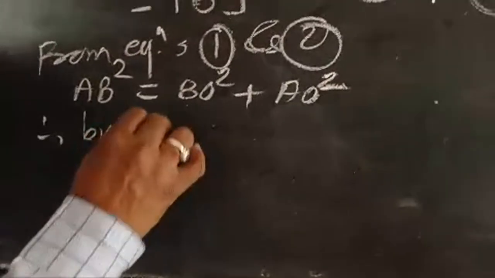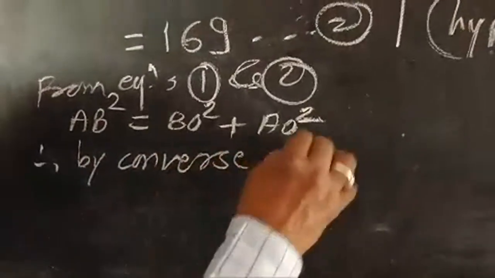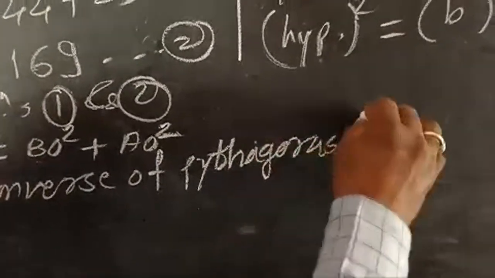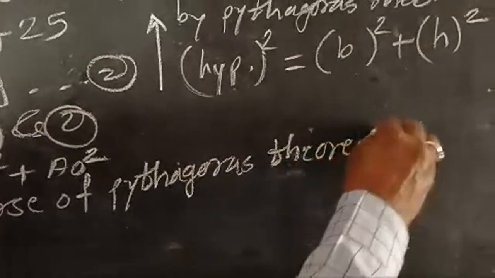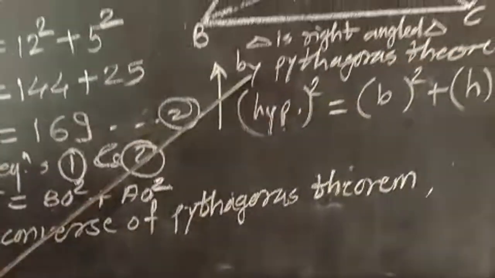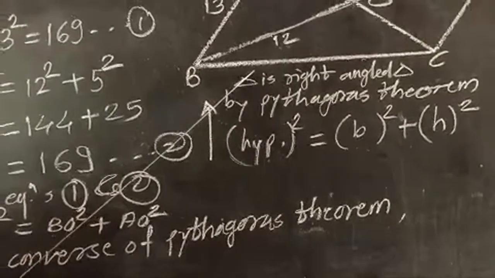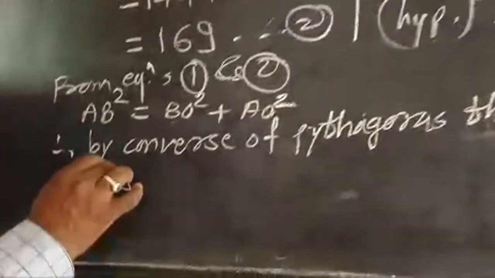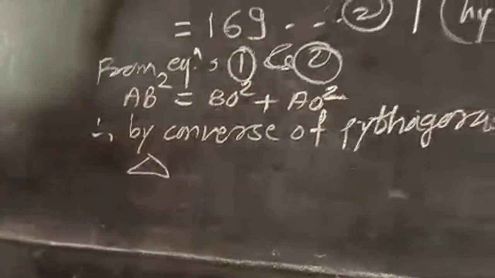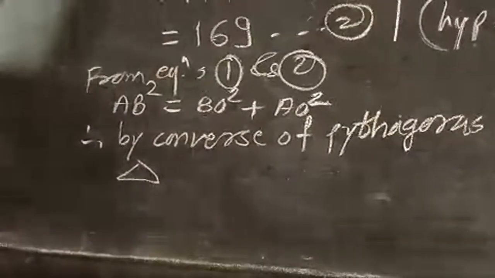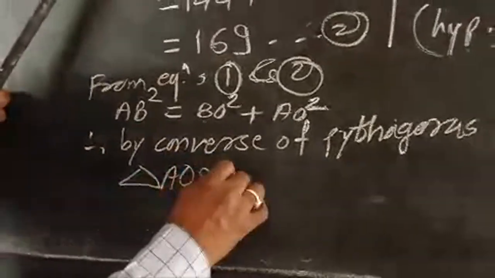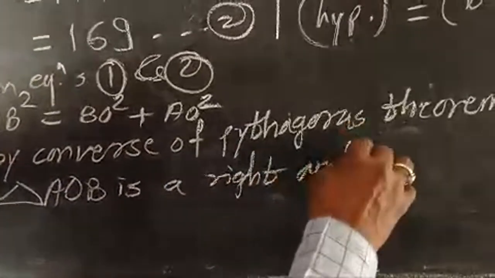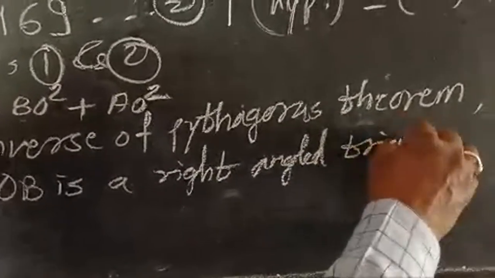Therefore, by converse of Pythagoras theorem, we can say that triangle AOB is a right angled triangle.